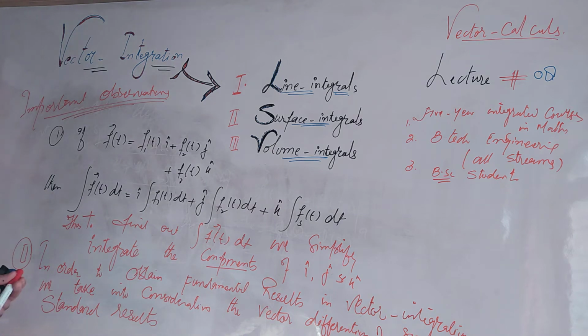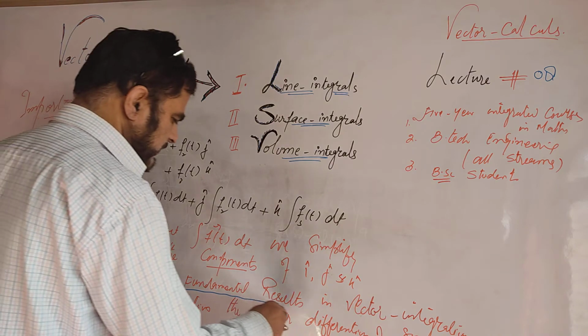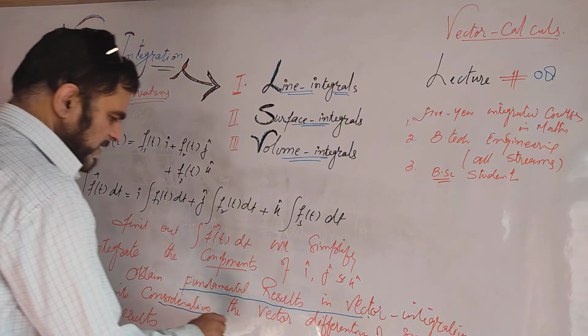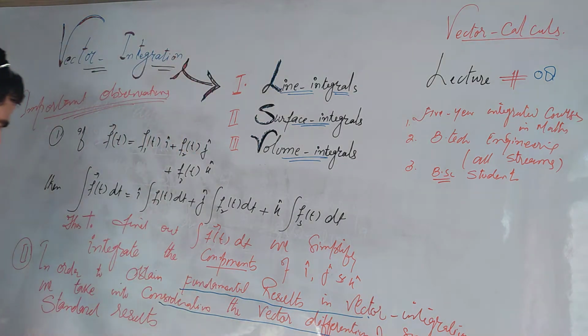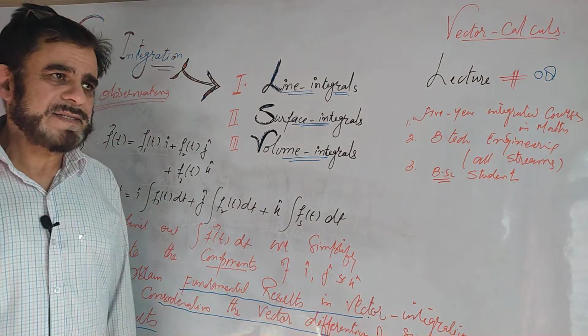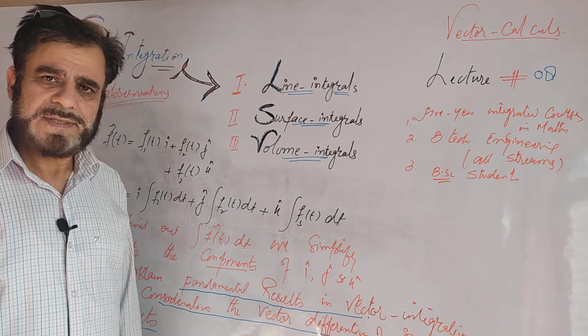So in point number two, I wrote, whenever I want to find out some fundamental results in vector integration, I have to take into consideration the vector differentiation of some standard results. That means, just as you say in case of integration, it is the reverse process of differentiation.